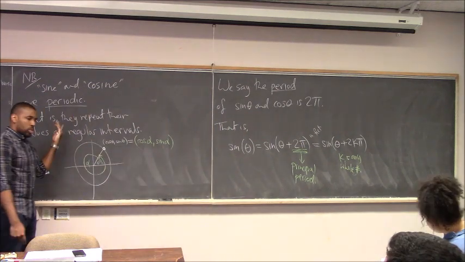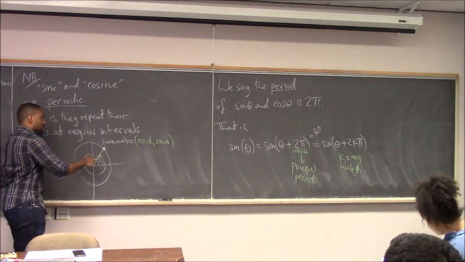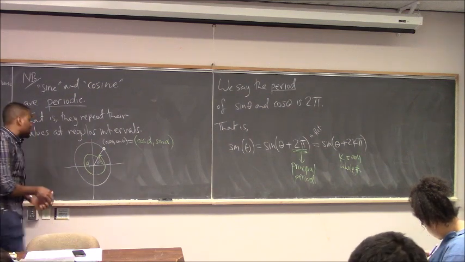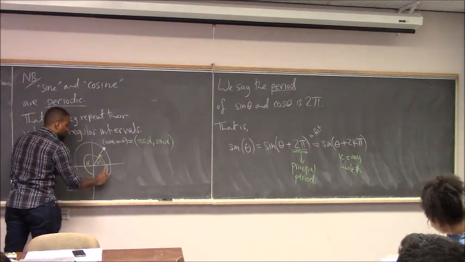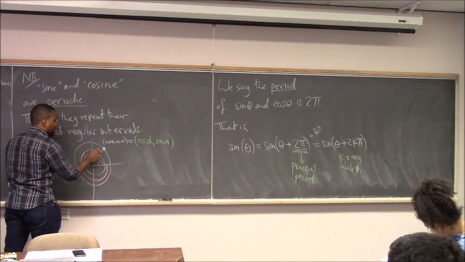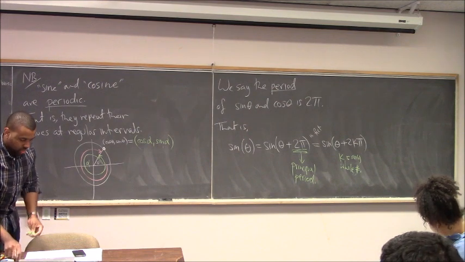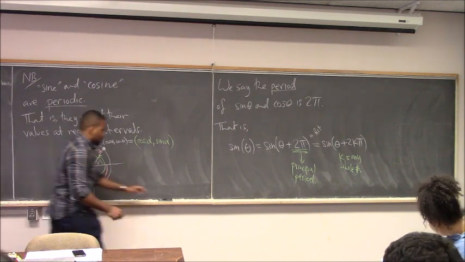Again, these functions are just tracking points on the unit circle, but there are multiple ways you can get to that point on the unit circle. In fact, we can start here and go the other way. What does that mean? So let's talk about some convention there. This is purely convention.